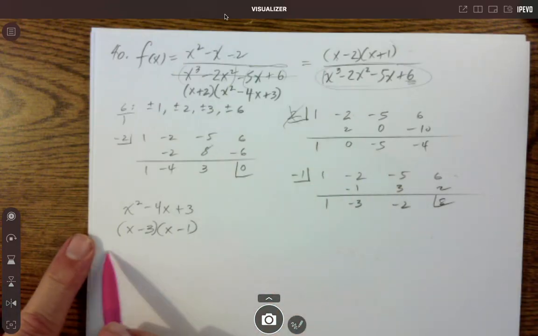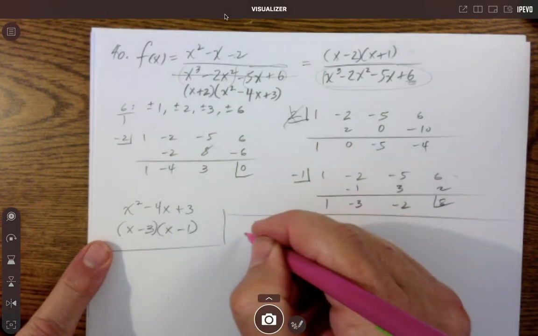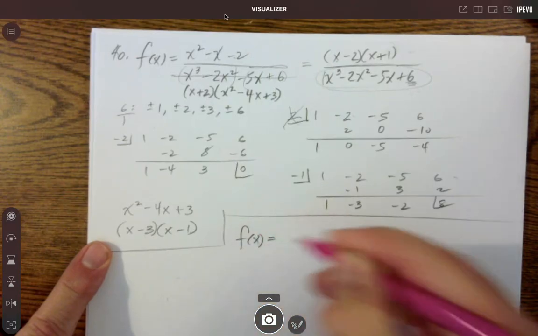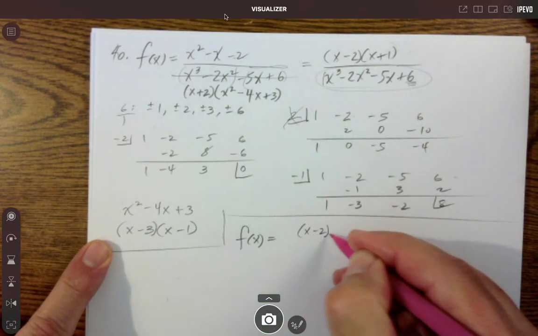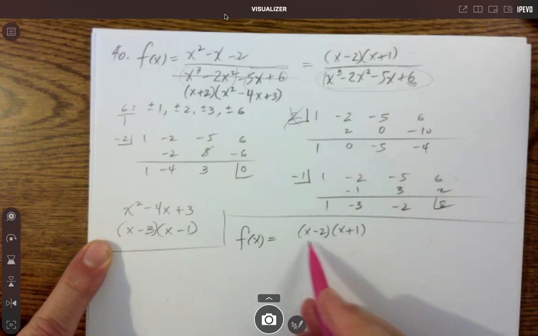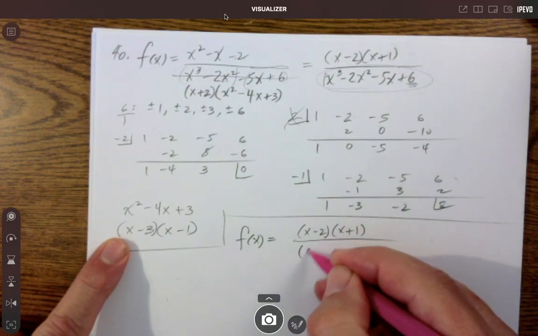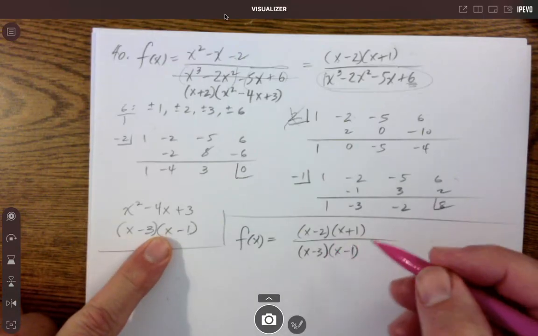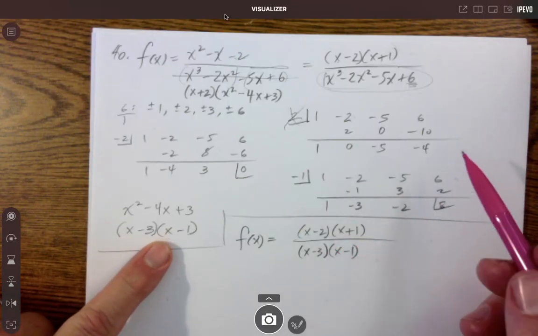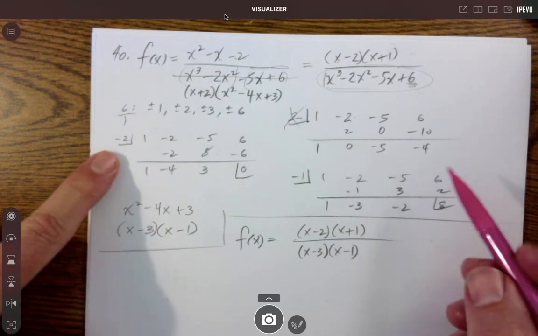So I'm going to rewrite it. f of x is equal to the top, which is x minus 2, x plus 1, over the denominator, which is x minus 3, x minus 1, and this other one I found, which was x plus 2.